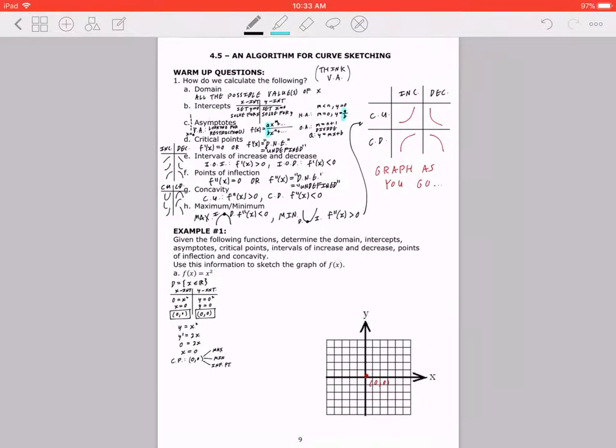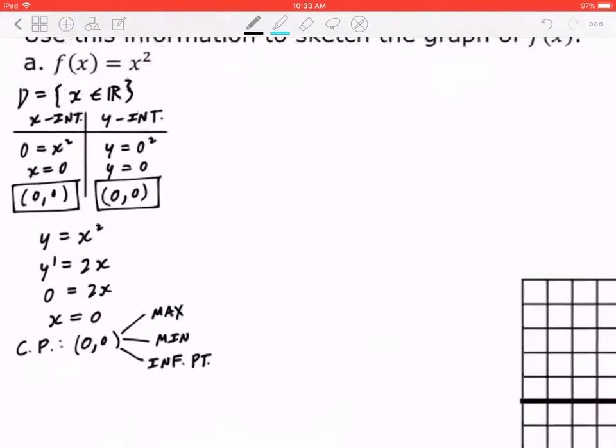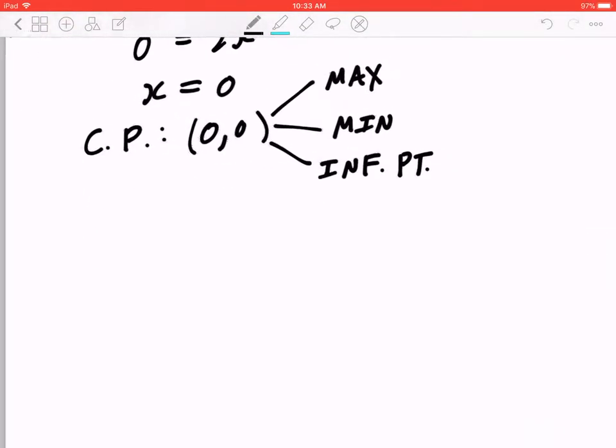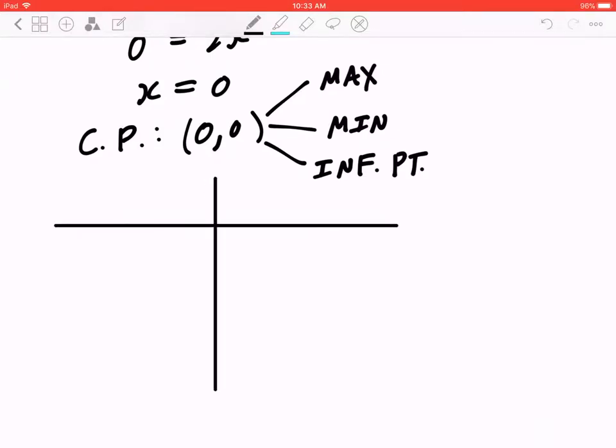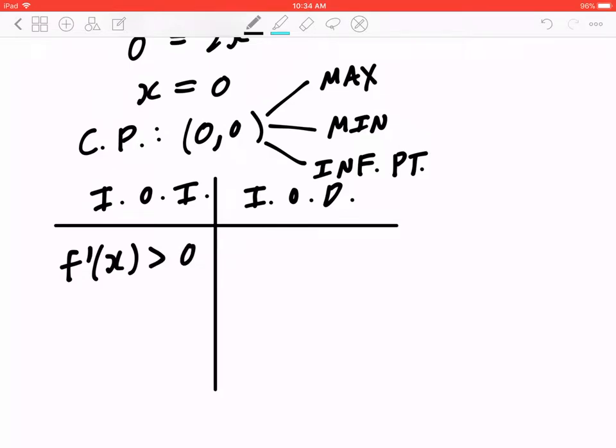Now, intervals of increase and decrease. So again, you can compose a table, 2 different columns here, I and D, interval of increase and decrease. To find the interval of increase, you set the derivative to be positive.